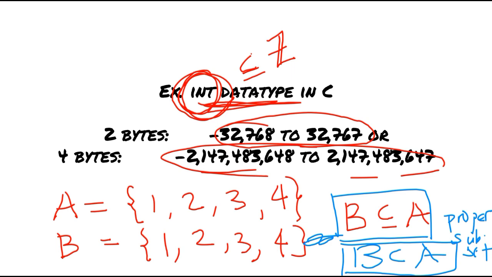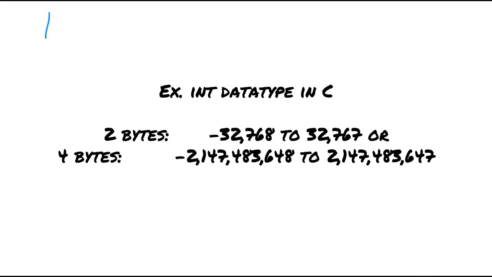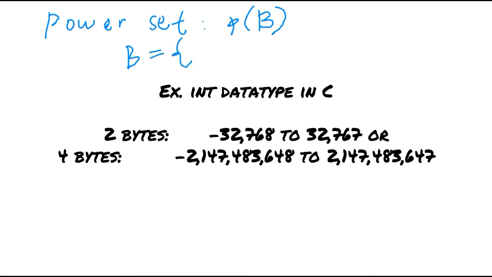So finally, we have the notion of power set. So for example, you have a power set, which is basically the set containing all of the subsets of a particular set. So for example, if you have a P of, say, B, so let's come up with set B with 2 elements, say 1 and 2.